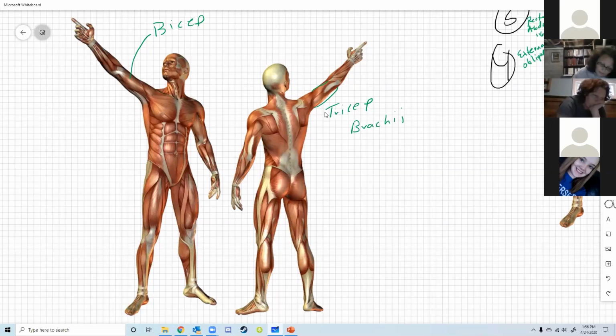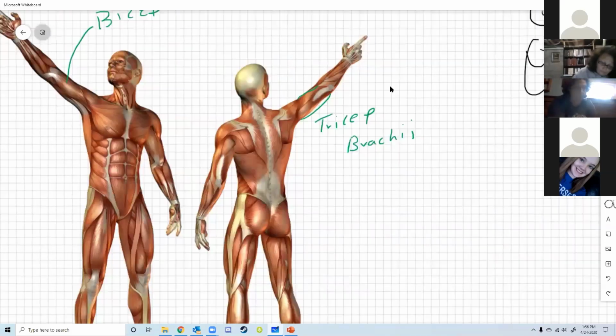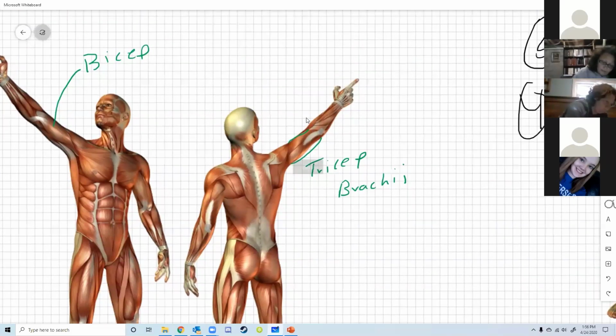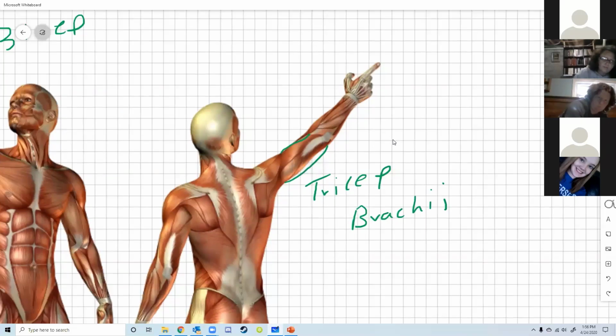I wish I had brought my model home of my arm. You'll see the model we had in class for a long time. You can take all these muscles apart and see how they work. Why it's got 2. You can sort of see 3 on here. You've got 1, 2, and the third one is right here for triceps. But tricep brachii, bicep brachii. The other ones are up here on the arm, in the forearm.